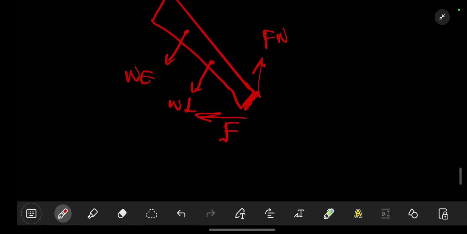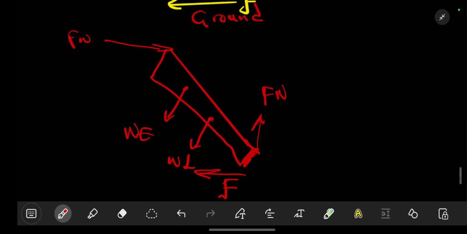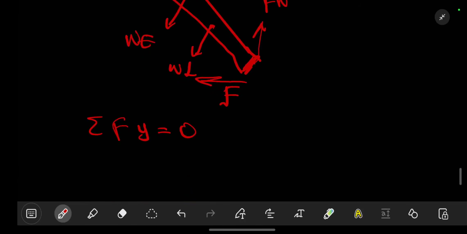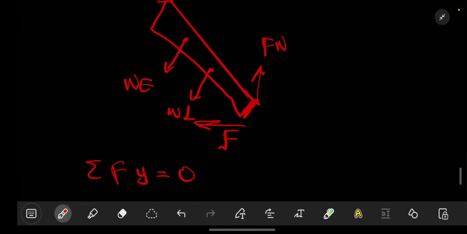So with this, we are going to begin with our summation. Let's begin with the summation of forces in the y, which should be equal to 0. It's not moving, so this will always be 0. Since it's not moving, it's under static equilibrium. So the one up is the normal force, which is our Fn there.